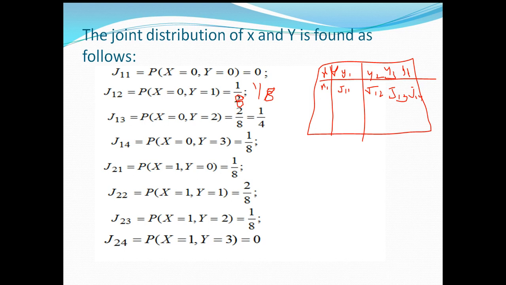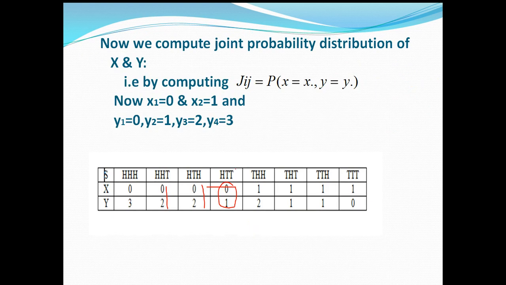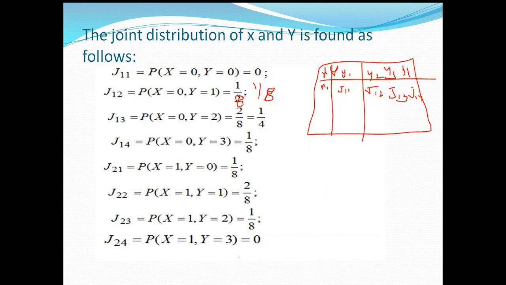So y4 is 3. Now when x is equal to 0, x is the same value, x is 0, y is equal to 3. Now let me move back. x is equal to 0, y is equal to 3 appears one time. Therefore, the probability is 1 by 8.